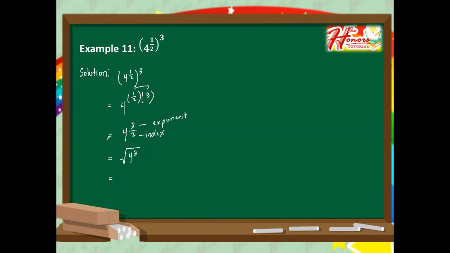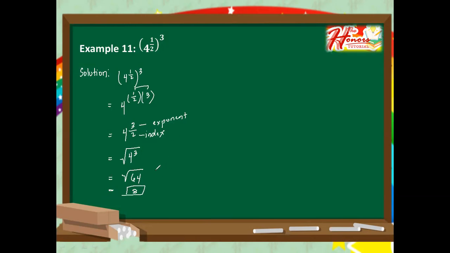4 raised to 3, meaning 4 times 4 times 4. And that is equal to what number? That's 64. So this is square root of 64. So simplify. Square root of 64 is 8. So the final answer is 8. Why is it 8?